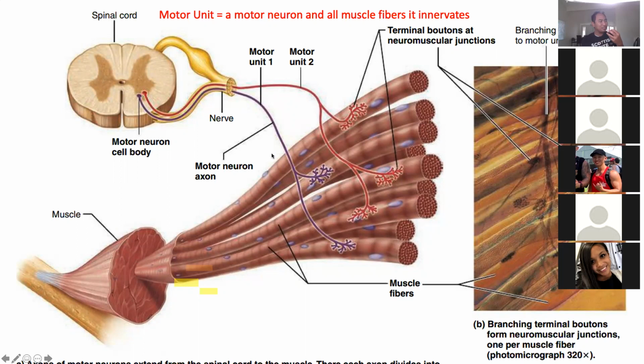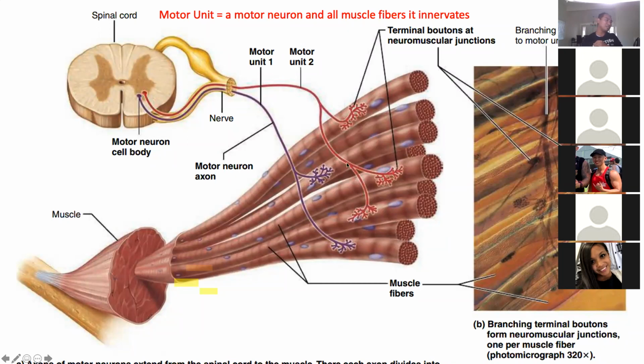A motor unit is a combination of the motor neuron, so only one motor neuron, the purple, with the muscle fibers it supplies. So a combination of this muscle fiber and this muscle fiber together with the motor neuron is called a motor unit.